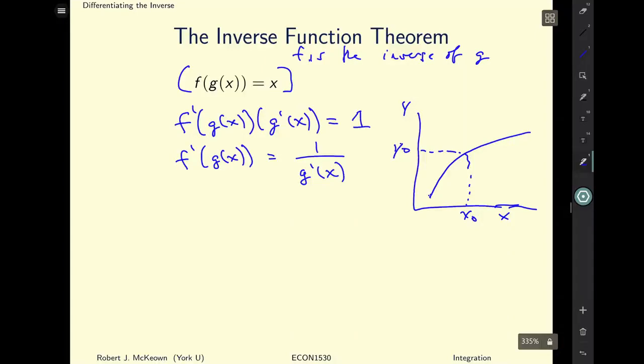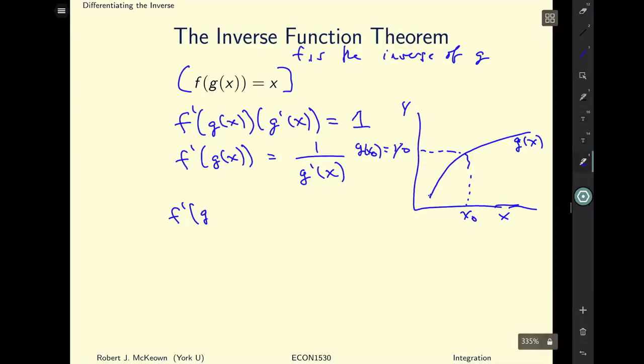And if we know what x naught is, then g of x will give us y naught. Right? So if I can rewrite this just a little bit, to make this a little clearer for you: g of x naught is equal to y naught.